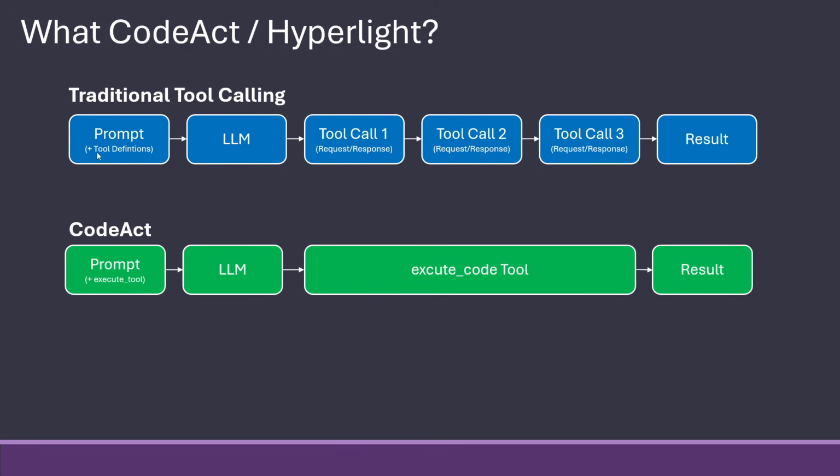So instead of all our tools in the definition, we just give an execute code tool. The LLM gets that and builds up a piece of code to do the same task as we do up here. But it only has this tool, and it knows that that tool has various underlying tools to do this.